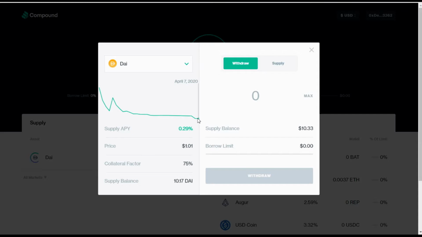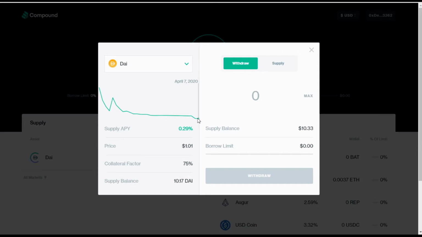Obviously, like anything, there is a risk to it. But the good thing is, because it's through Ethereum, I do mention this in the first video, should anything go wrong with Compound Finance itself, because it's all tied up in smart contracts, even if Compound Finance disappeared, you could still access your funds through that smart contract.